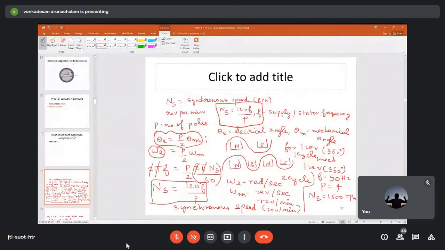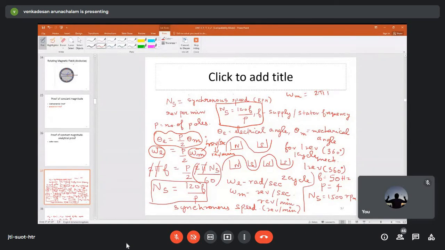But omega M is in terms of revolutions per second. In order to convert revolutions per minute, you have to multiply with 2 pi by 60.